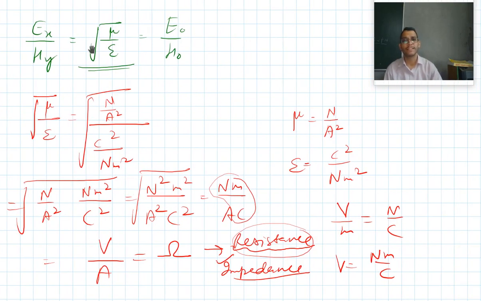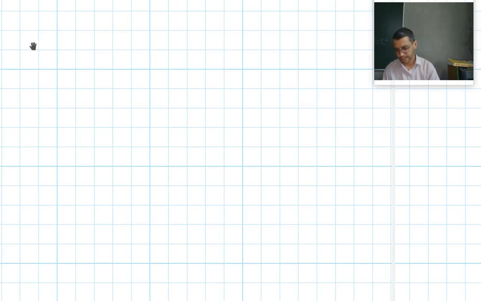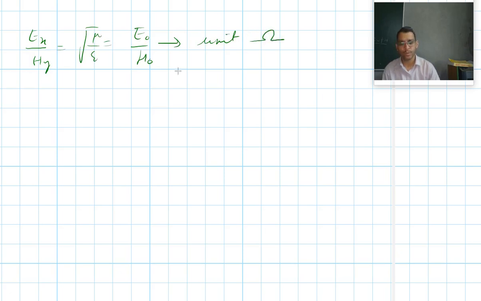Let me summarize: Ex upon Hy is equal to root of mu over epsilon is equal to E naught over H naught, and has the unit of ohm.